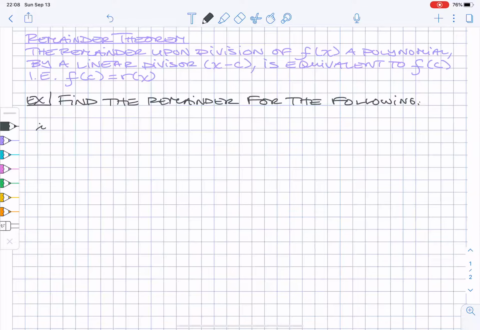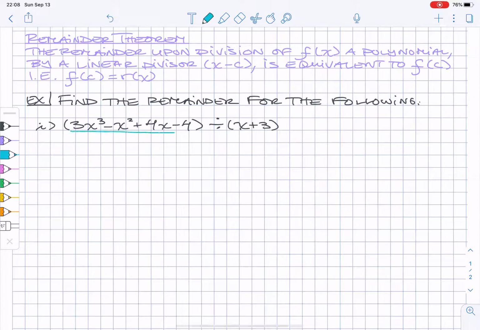Okay, so number one, let's say we have the polynomial 3x cubed minus x squared plus 4x minus 4 divided by x plus 3. Here's our polynomial, and here's our divisor.